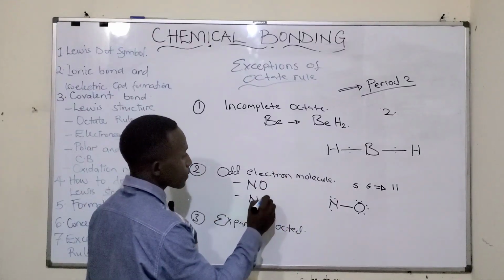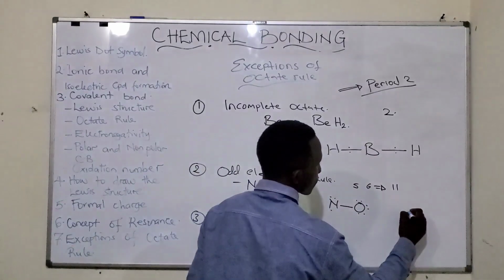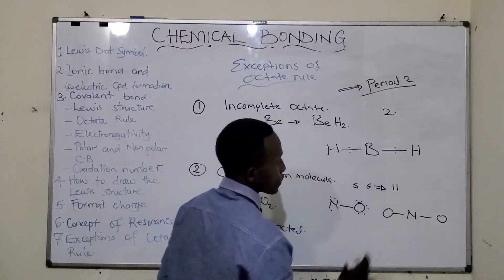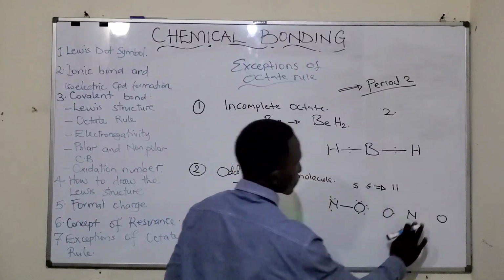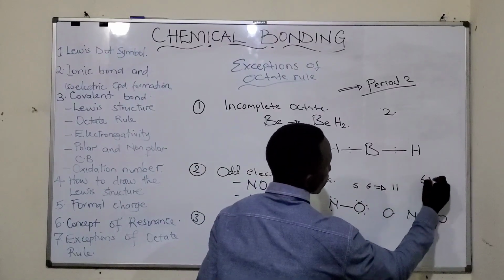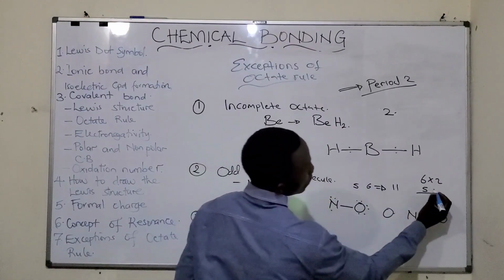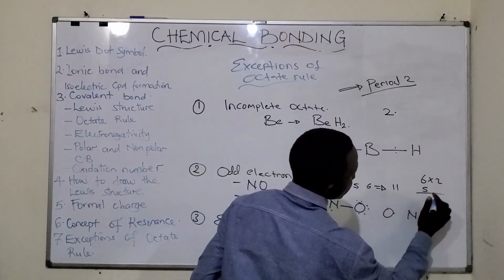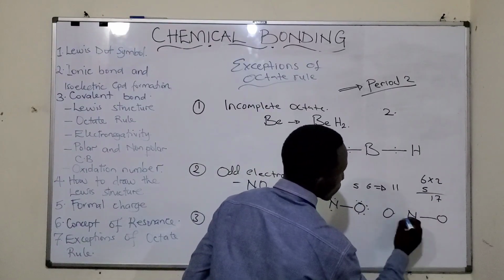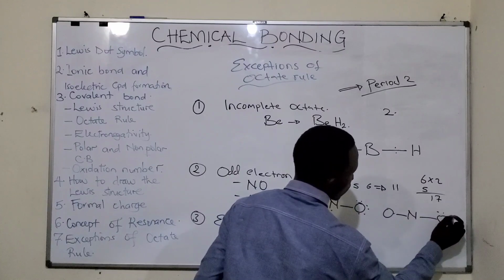Let's try nitrogen dioxide. We have nitrogen with 2 oxygen atoms. Total number of electrons is 6 times 2 plus 5, which is 17. So you draw the bonds, you complete the octets of the surrounding atoms.